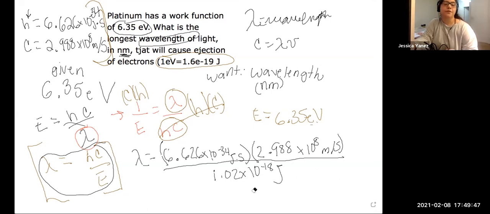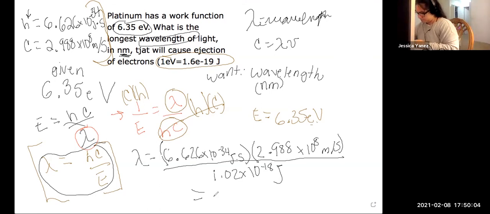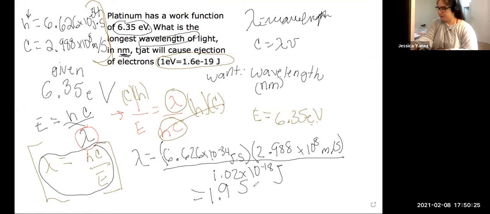After you plug it into your calculator, I got 1.95 times 10 to the negative 7 meters.